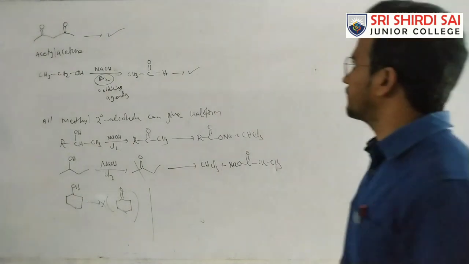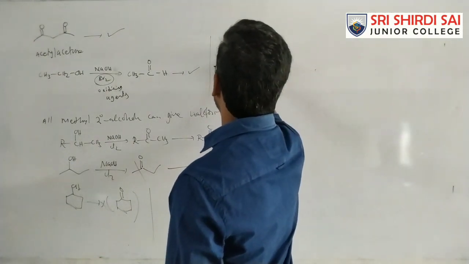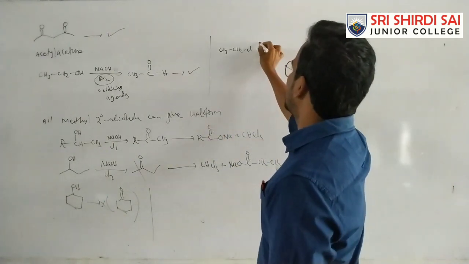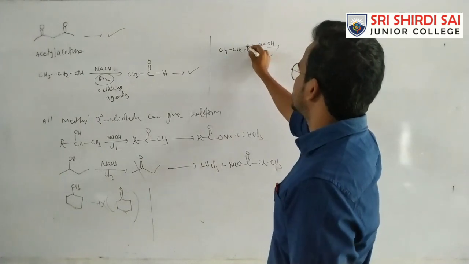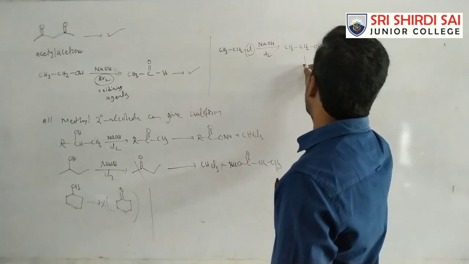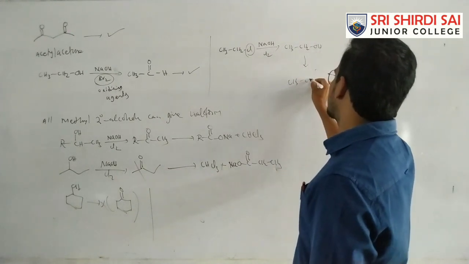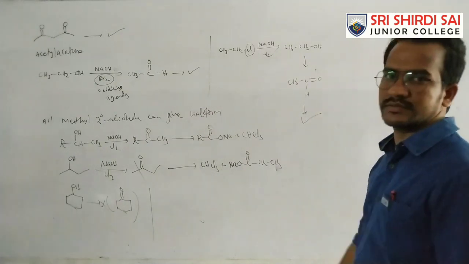Next, suppose this ethyl chloride is treated with NaOH plus Cl2. First of all, Cl- is replaced by the OH. Now it is again oxidized to aldehyde. Now it can give the iodoform reaction.